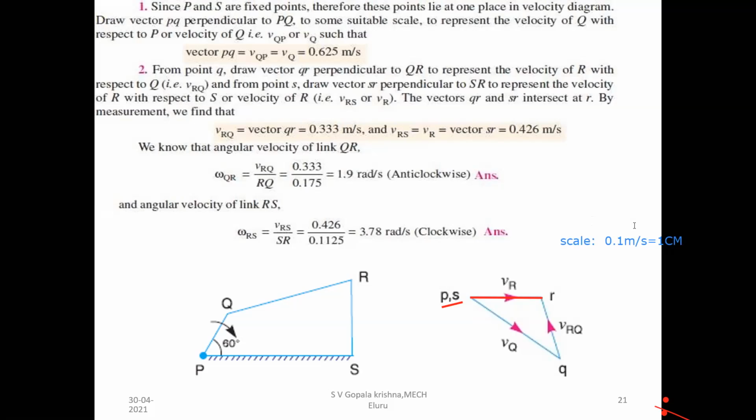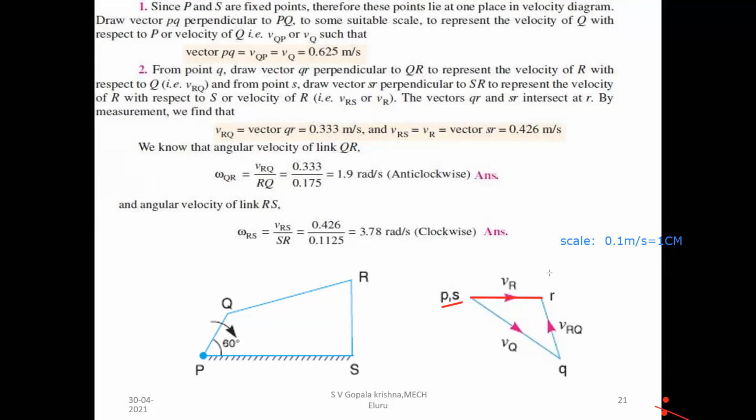That scale is required, so you have to set up the scale. We already know the velocity of Q, or velocity of QP. That is 0.625, so nearly you have to draw 6.25 centimeters.